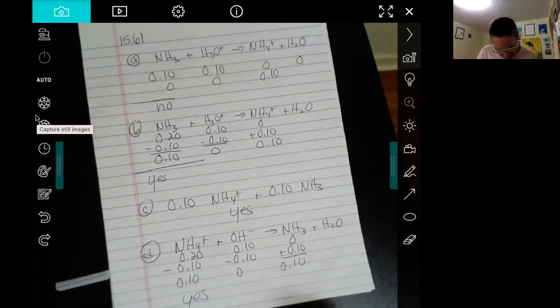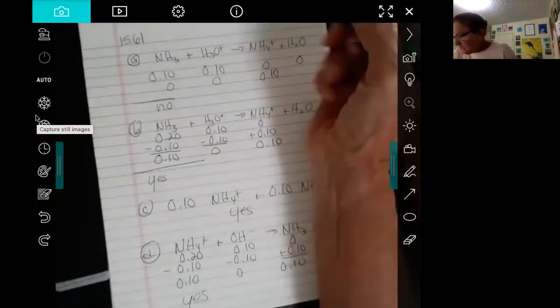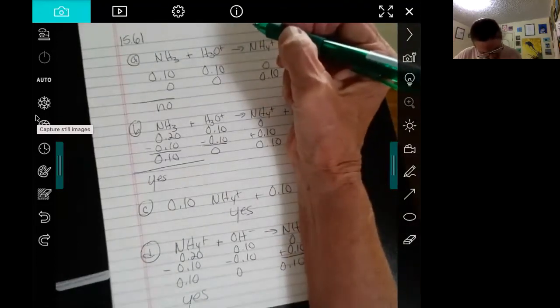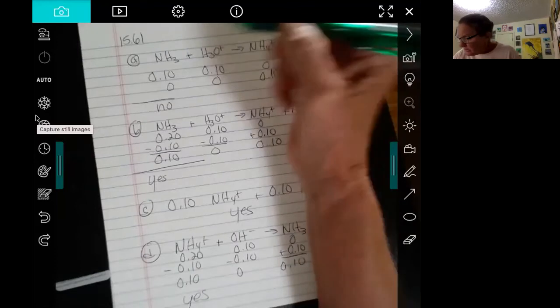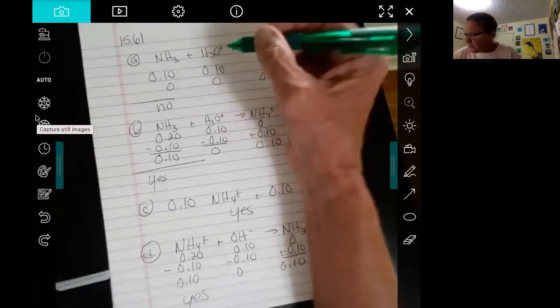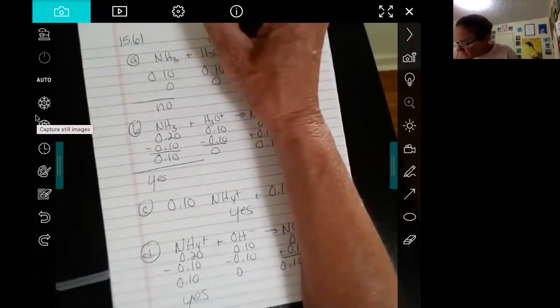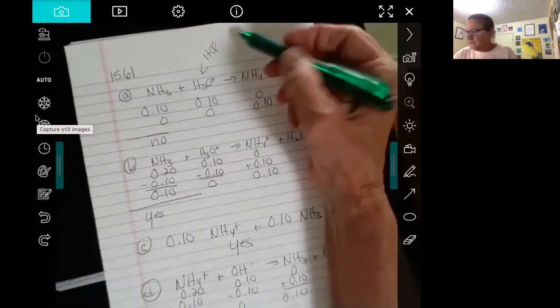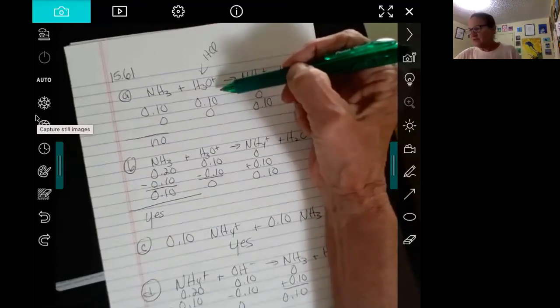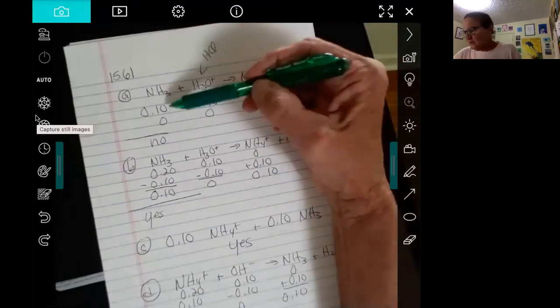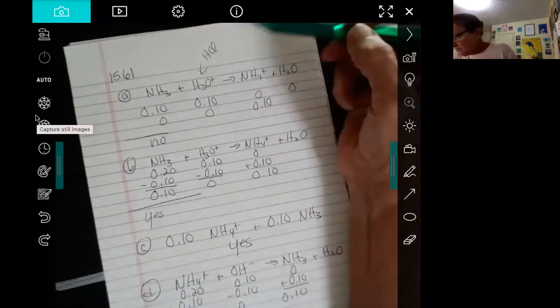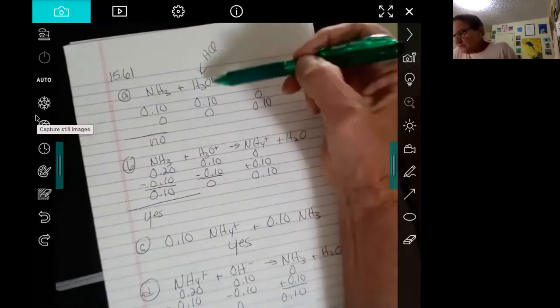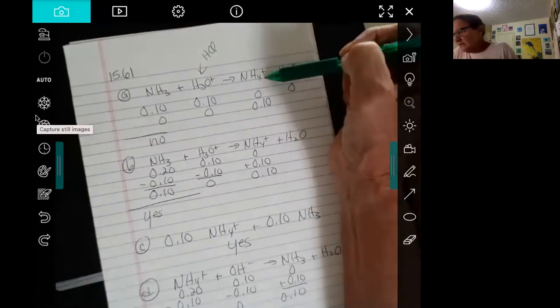So when we look at A, we have NH3, and we have a strong acid, so HCl is a strong acid. So when you put it into solution, you get an equal concentration of H3O plus. So when these two react with each other, these will pretty much react away and you'll get NH4 plus.